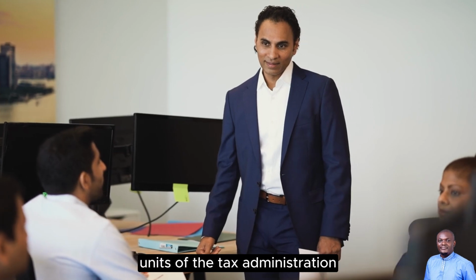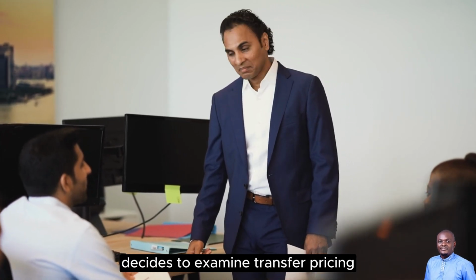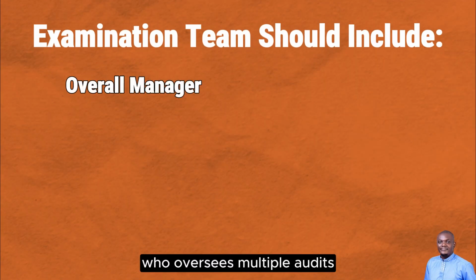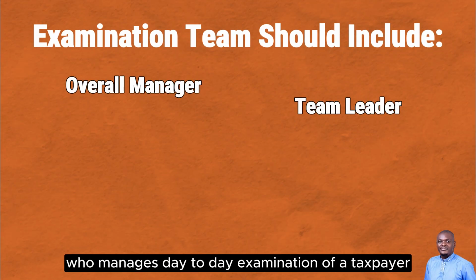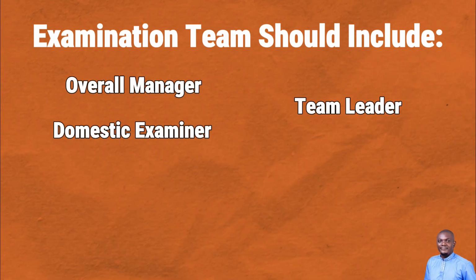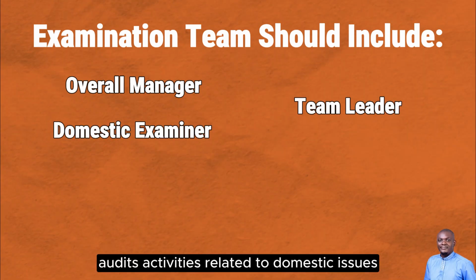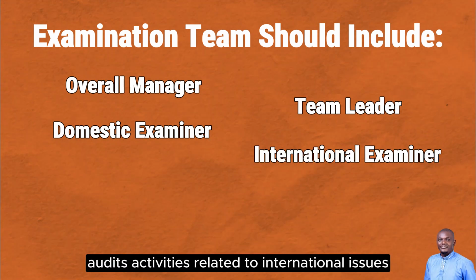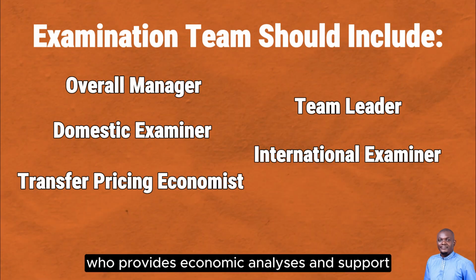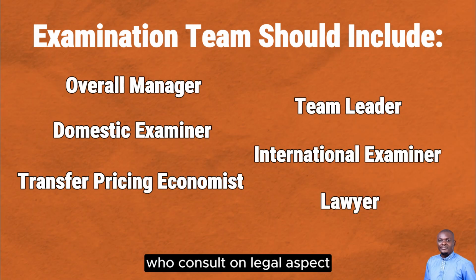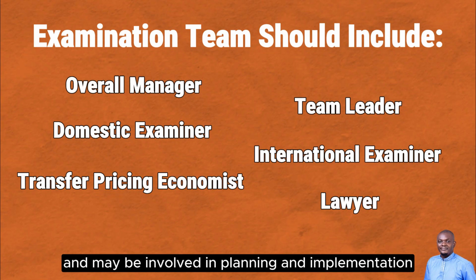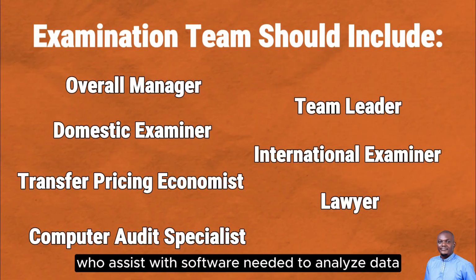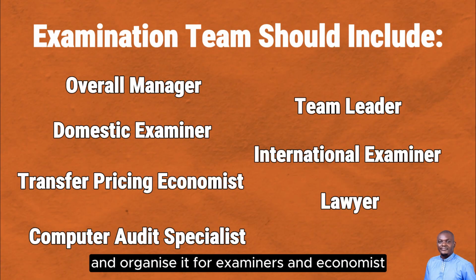Where the transfer pricing unit of the tax administration decides to examine transfer pricing, the examination team should ideally be comprised of: an overall manager who oversees multiple audits; a team leader who manages the day-to-day examination of a taxpayer; a domestic examiner who handles audit activities related to domestic issues; an international examiner who handles audit activities related to international issues; a transfer pricing economist who provides economic analysis and support; a lawyer who consults on legal aspects and may be involved in planning and implementation; and a computer audit specialist who assists with software needed to analyze data and organize it for examiners and economists.